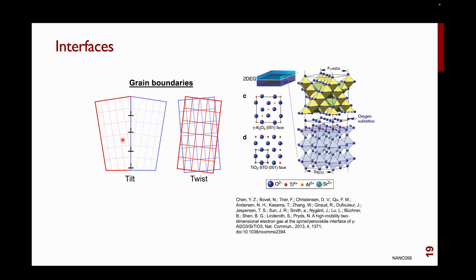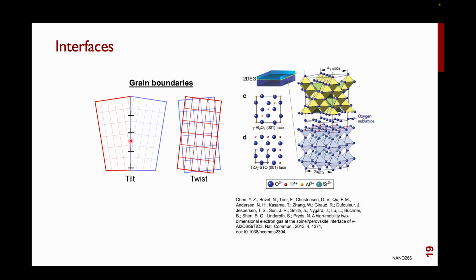Now, for grain boundaries, we typically describe them based on the type of meeting of materials that you actually see at the interface, right?